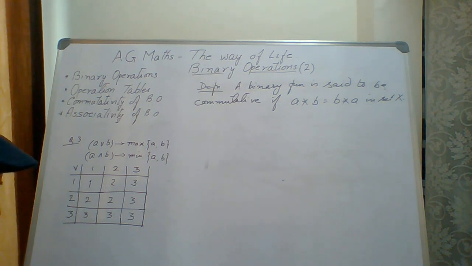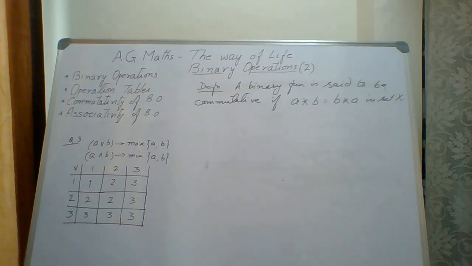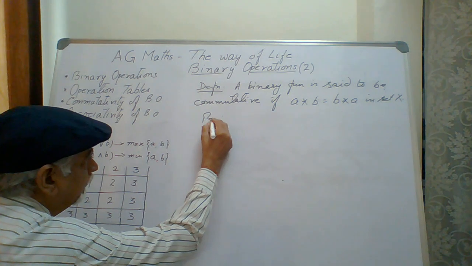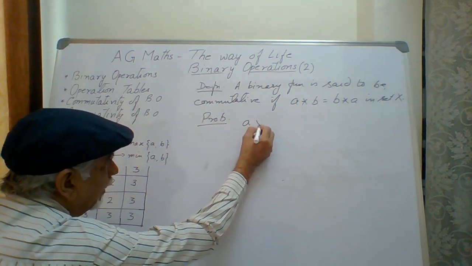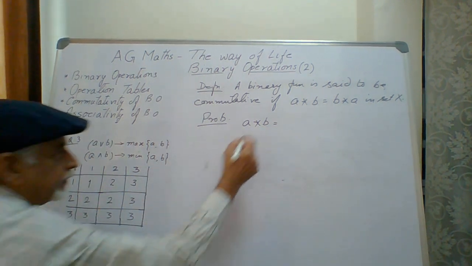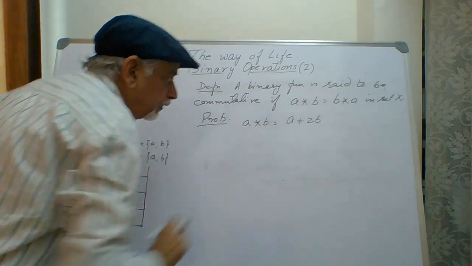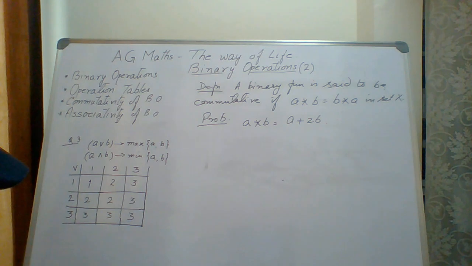Now, for example, if I take one problem like A binary B is equal to A plus 2B. Problem for discussion: A binary B is equal to A plus 2B. We have to verify whether it is commutative.